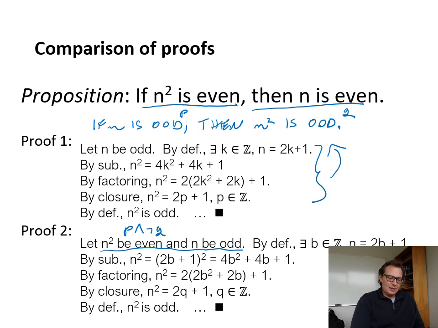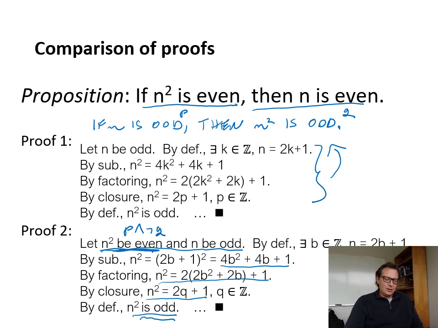And then from there we know that n squared is equal to 4b squared plus 4b plus 1, meaning that n squared is equal to 2q plus 1, meaning that n squared is odd. And this is a contradiction with our assumption where we assume that n squared is even.